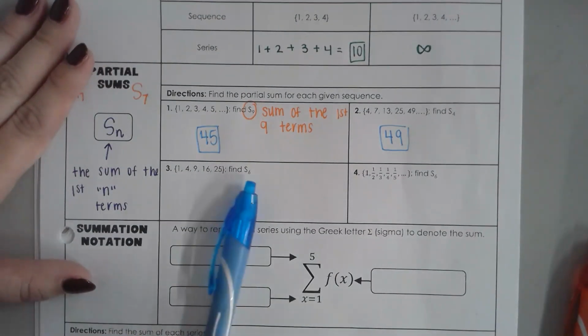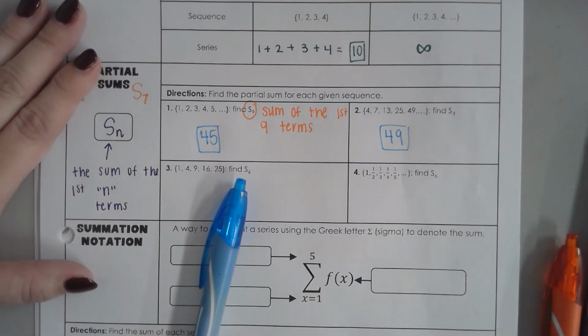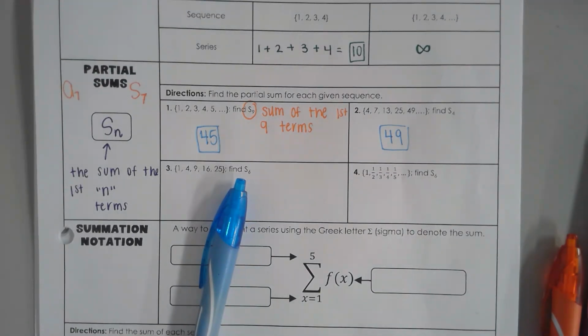Try numbers 3 and 4. What's the pattern in number 3? Do you notice anything special about the numbers that are there? What you're adding is odd, but what's special about those specific numbers?